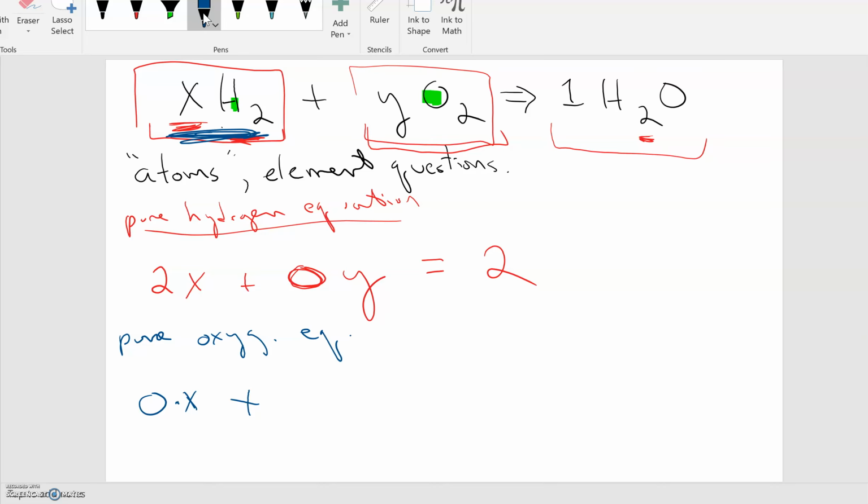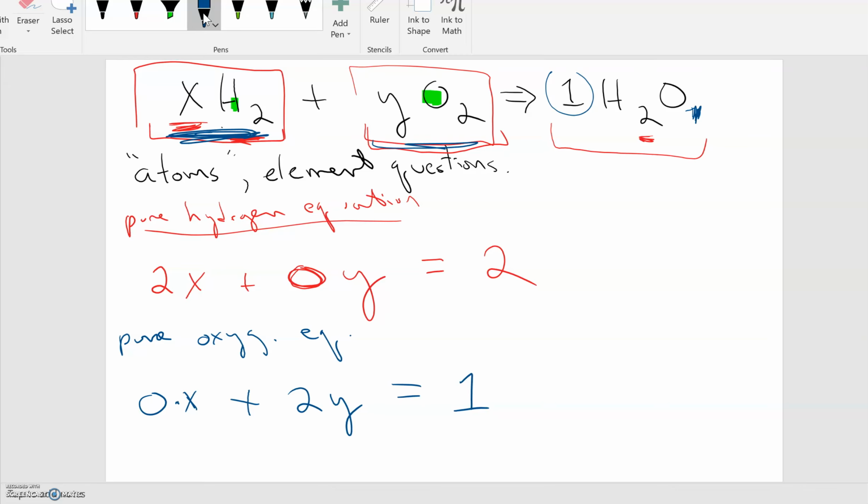And then for this one, we have 2 oxygen atoms for Y molecules. Together those need to give me, H2O has one oxygen atom. So essentially there's a 1 there. Okay, so I have a 2x2 system.